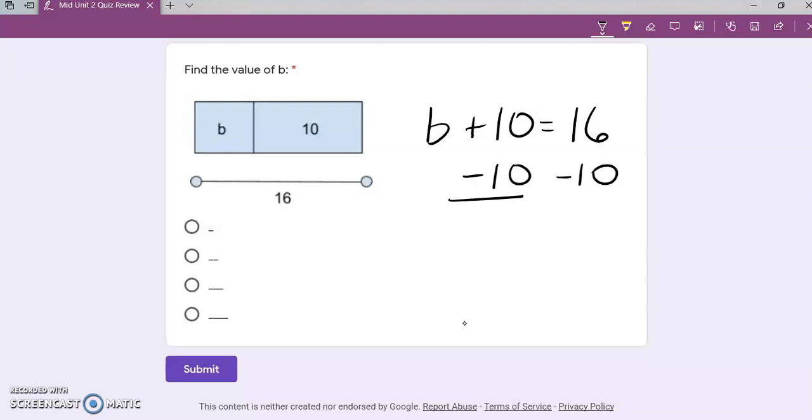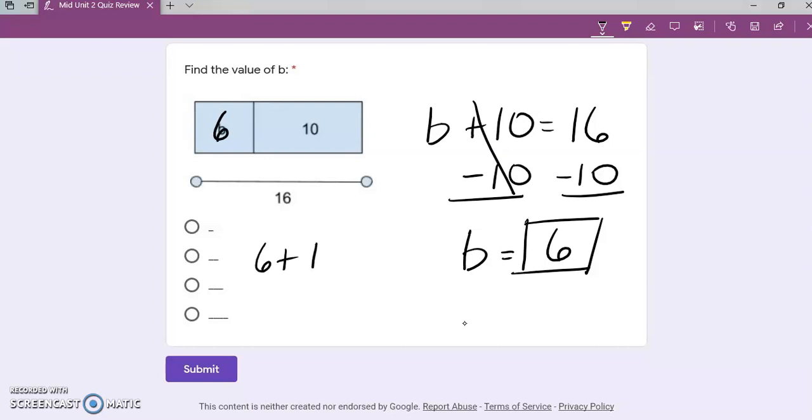I have to do minus 10. Plus 10 and minus 10 cancel, only the B is left over. 16 minus 10 is 6, so the value for B should be 6. So if I have a 6 right here and a 10 right here, 6 plus 10, what does that give me? 16. And that matches this length right here.